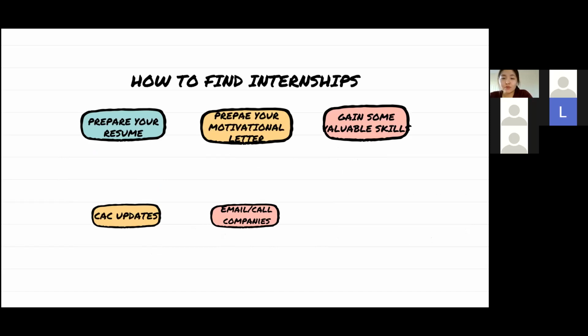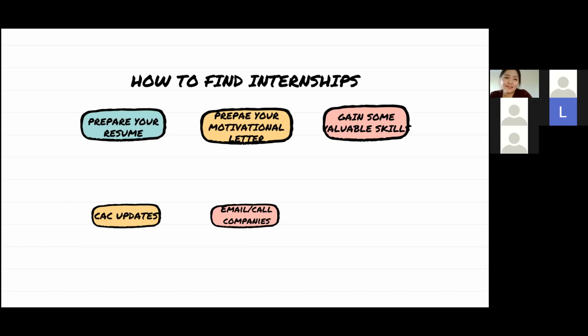And here, how to find internships: first you need to prepare your resume. It should be done. You should prepare your motivational letter because some of them can require this. And also you need to get some valuable skills that you can get from these student clubs. And also you need to follow this center. Oh, I forgot the full name.